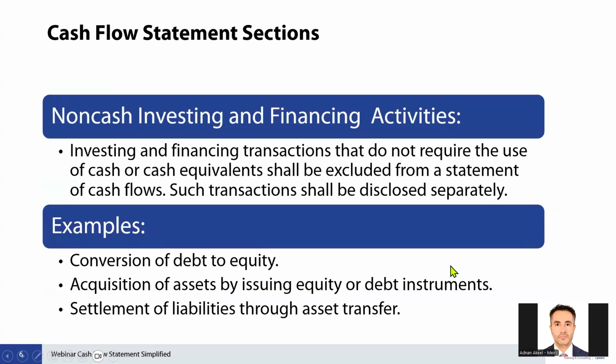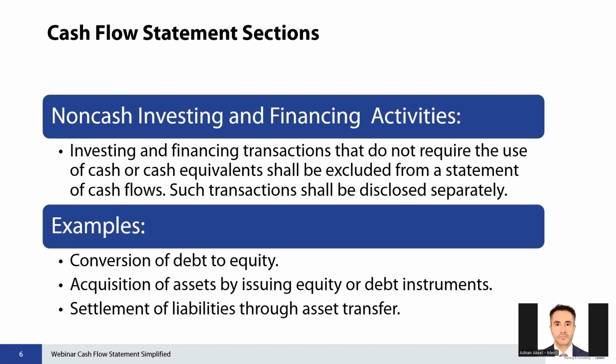Now, most users know for sure that the cash flow statement has three sections only. That's right, but the accounting standards also mandate that firms having material non-cash investing and financing activities, which I will explain briefly now, must disclose them.